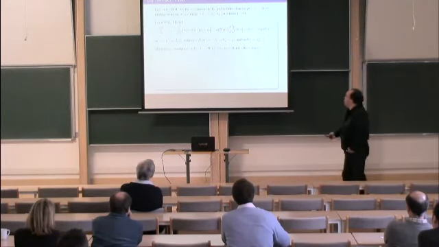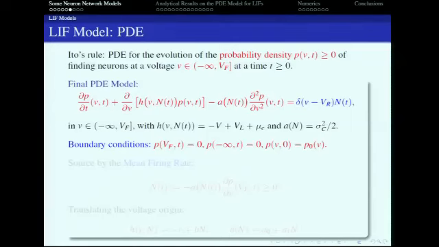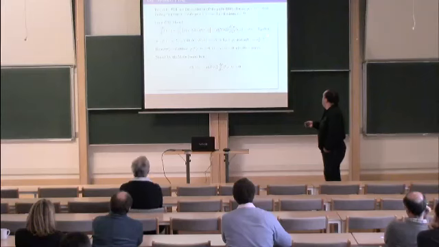And now how do you compute this N(t)? In fact the idea is simple. The N(t) should be the flux at the threshold. In fact, if I want to have an evolution of a probability density, I should have conservation of the integral of p with respect to v. The integral of p with respect to v should be 1 at all times. So this fixes the value of N, and exactly N is what it has to be.